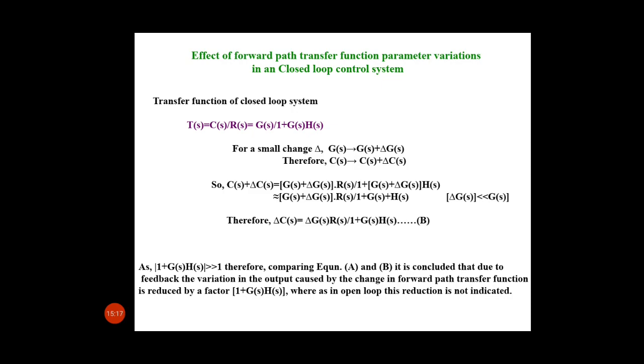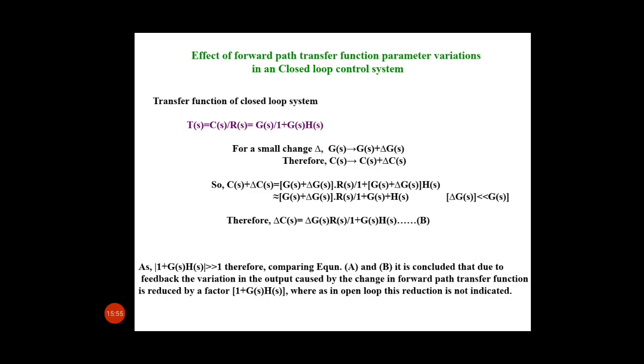So if 1 plus G(s)H(s) is increasing, or if it is greater than 1, then the overall gain or transfer function is going to reduce. If 1 plus G(s)H(s) is increasing, it means G(s)H(s) is positive.